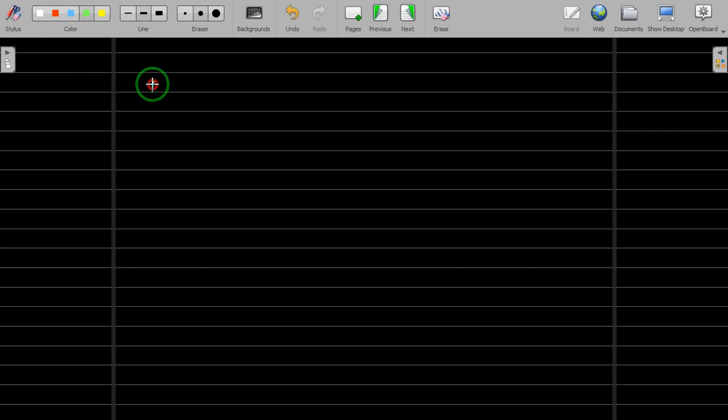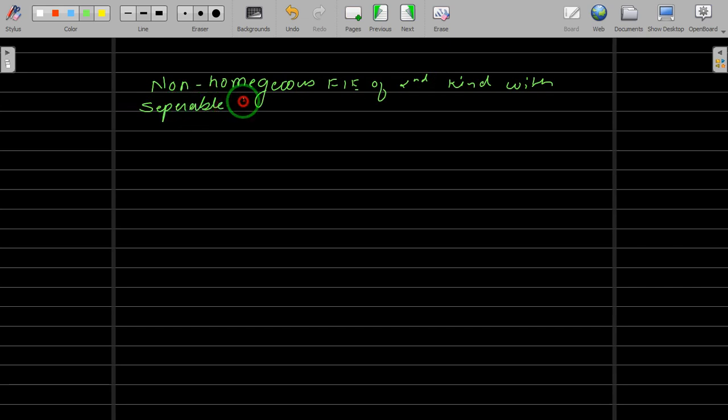So the next part is you take your integral equation to be non-homogeneous: a Fredholm integral equation of the second kind with separable kernel. And to write this equation, we have y of x is equal to.